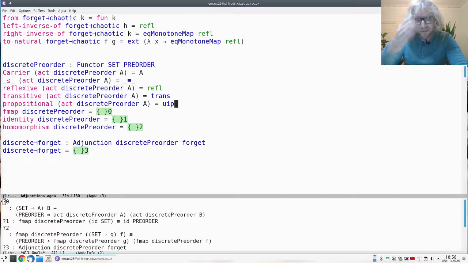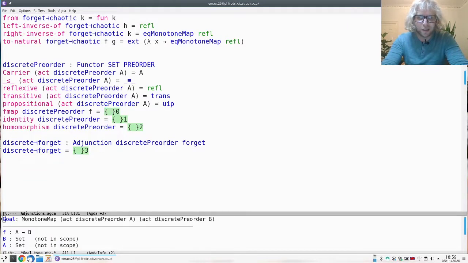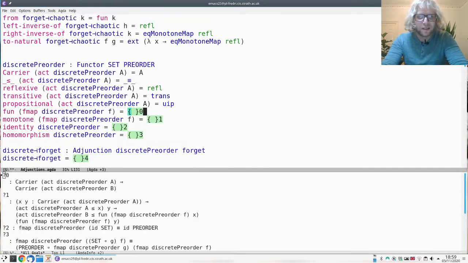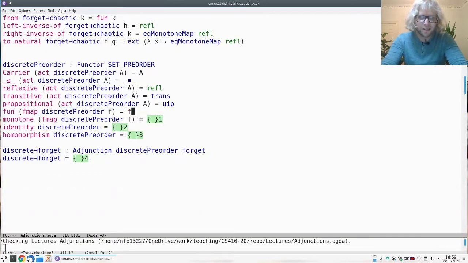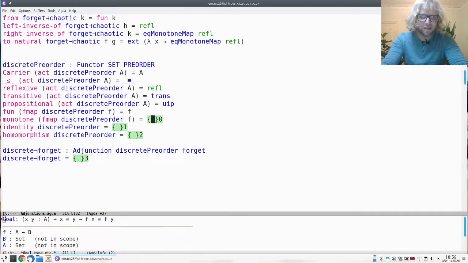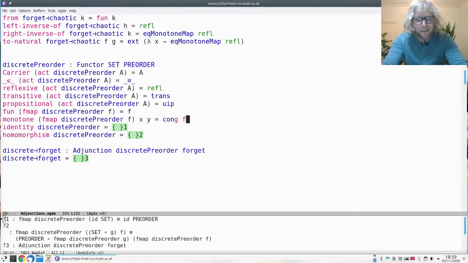So that was easy. Okay, is this functorial? If we're given a function f, can we make a monotone map out of it? Well, on the underlying sets, we can use the f we have. And now we have to show that this is preserving equality. Well, that's exactly what Kong of f says, right?